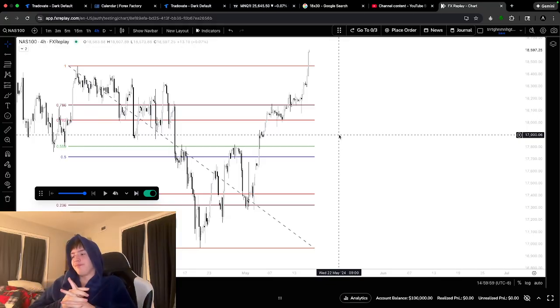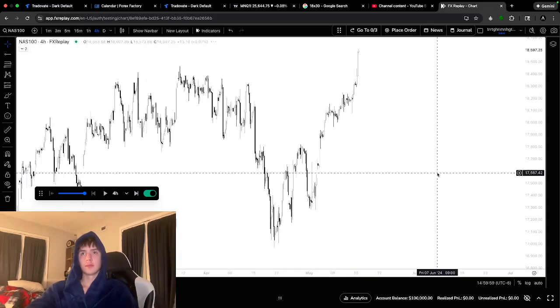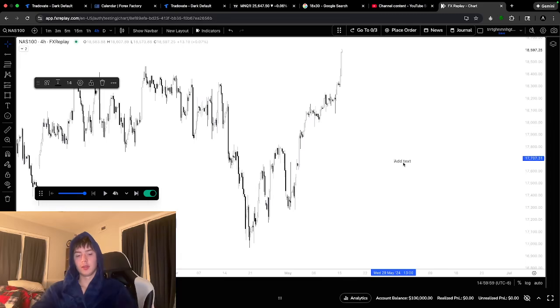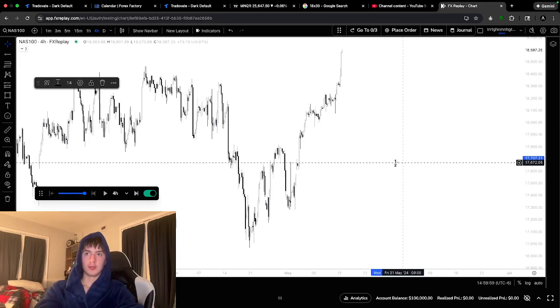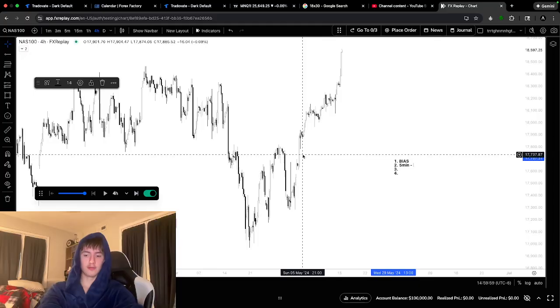Let me know if I explained that correctly or if that made sense. Again, it's 1, 2, 3, 4. First one you do is bias, then you drop down to the 5-minute and look for low volume nodes.